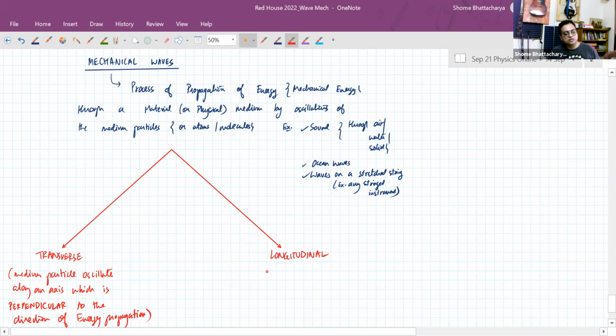Whereas longitudinal waves are those where medium particles oscillate along an axis which is parallel to, or along, the direction of propagation instead of being perpendicular.